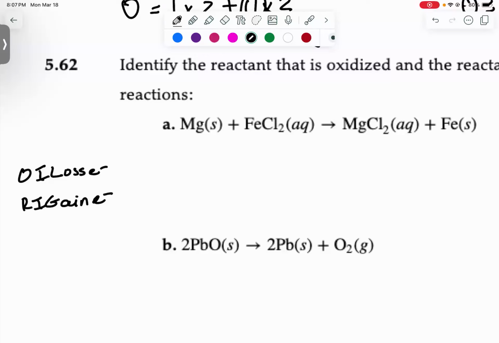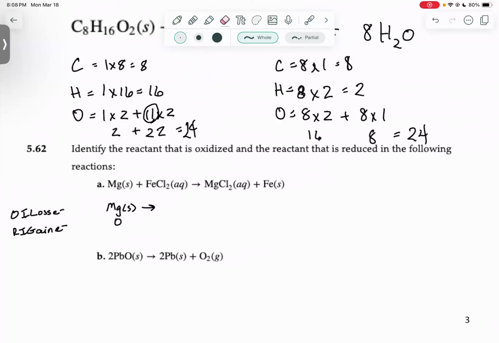So let's start with magnesium. I'm going to start out with magnesium solid. That just means all I have is magnesium atoms. There's no ions, so nothing's charged. So it starts out as a 0. That magnesium solid turns into MgCl2. Let's come over here. I'm going to get MgCl2.